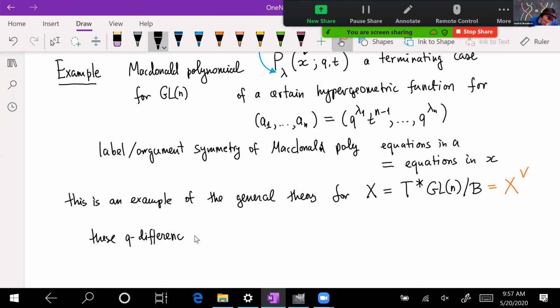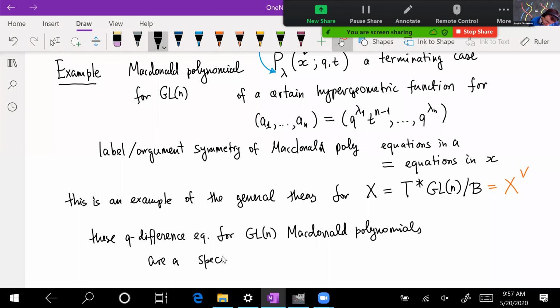But the Q difference equations for GLN Macdonald polynomials are a special case of so-called dynamical equations.